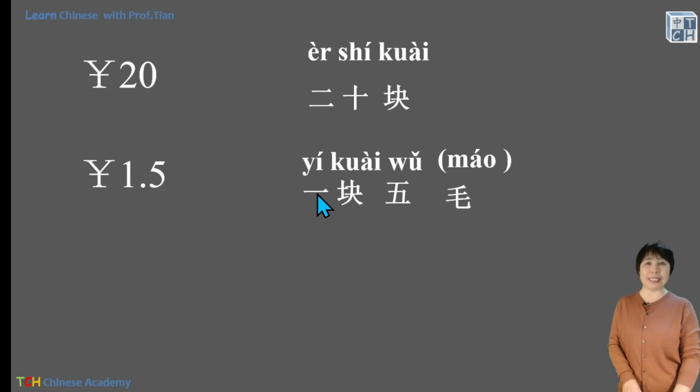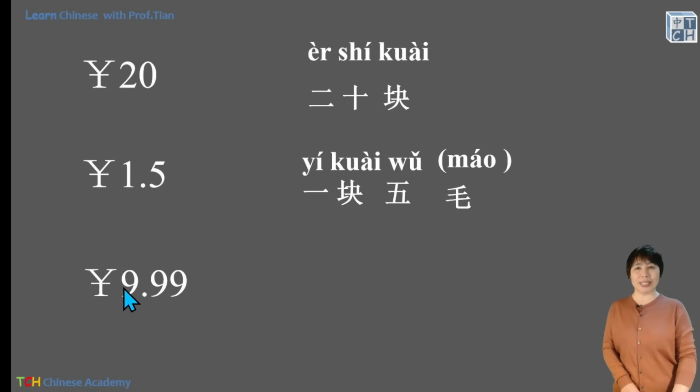So just 一块五. You can say 一块五毛, but this is too clumsy. So 一块五. That's 1.50.